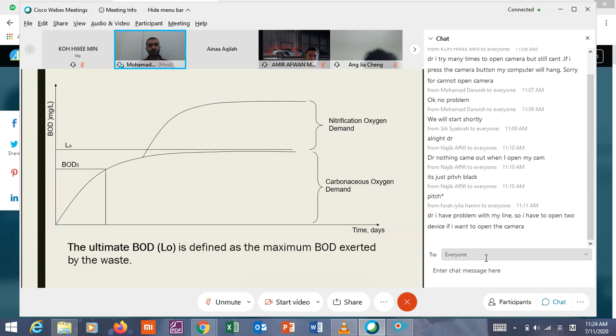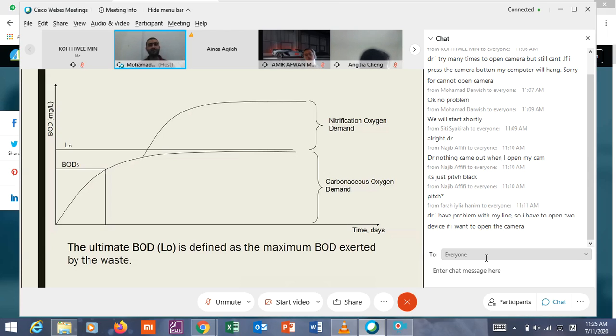Now imagine that any person has a maximum limit of eating. If you gave him a large meal, he can eat it, but it might take some time. For one person, it might take 30 minutes. For another person, it might take 1 hour. For a third one, it might take 5 minutes.